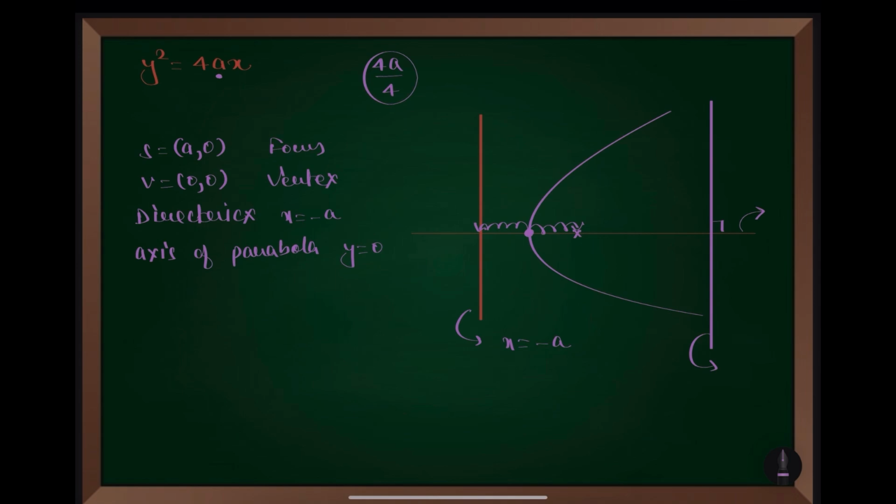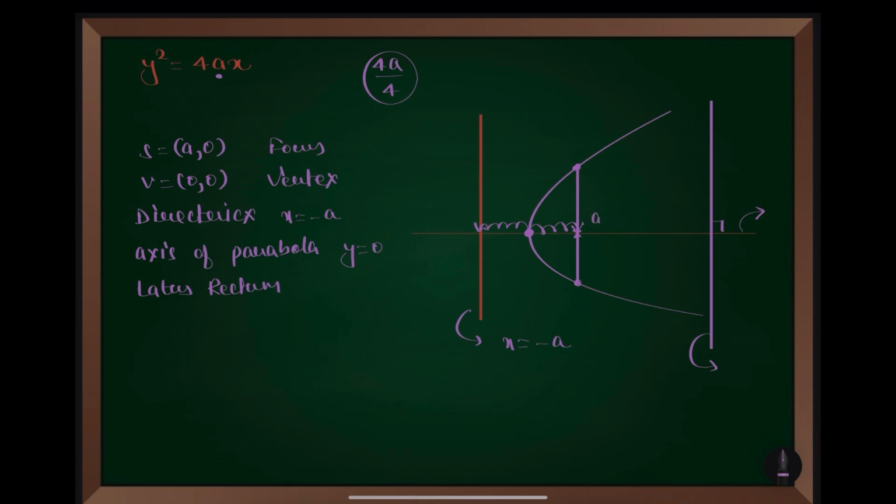Now you know a unique double ordinate which will pass through the focus. We have special name for that. Exactly, latus rectum. Now can you please tell me the coordinates of latus rectum?